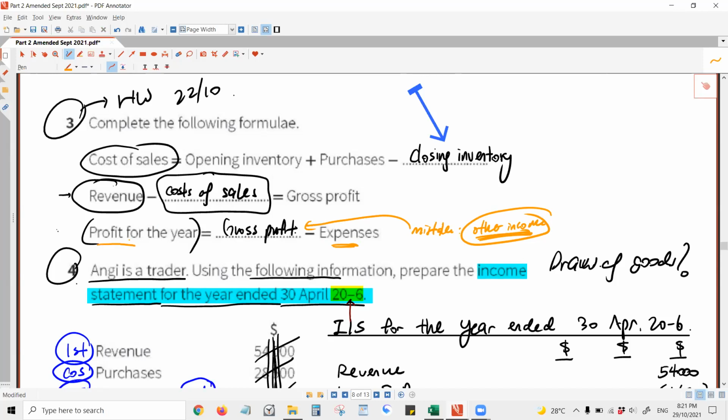So always check the calculation as well. When you take other income minus expenses, you won't get profit for the year. So the answer here is gross profit. I'm mentioning a common mistake made by students. It should not be other income here. Now see the next one.